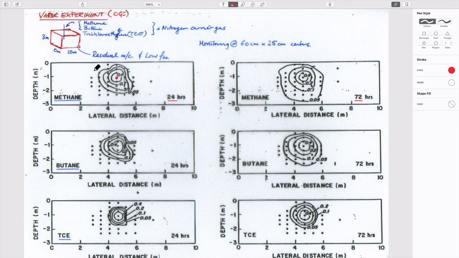And so these just represent contours of how far the different components have gone. And you see that both after a day and after 3 days, the distance traveled is pretty much the same for the first two, methane and butane, by diffusion, not by advection, and much less than that for TCE.